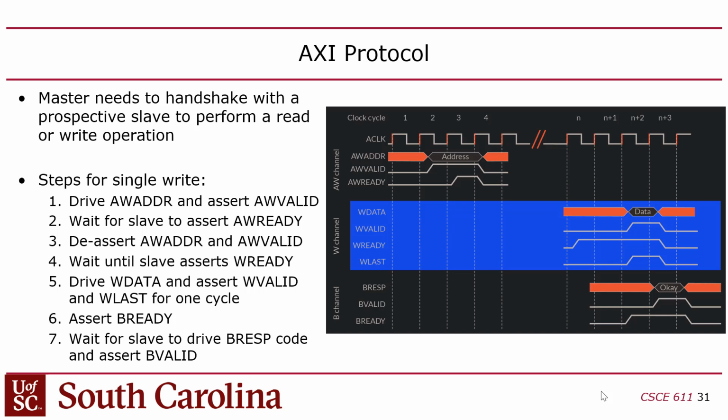And that is indicated by this address write ready, right? So you basically put the address out with the valid. The master puts this, the slave then says ready for one cycle, right? This is what indicates that the intent to write has been registered and the address has been received.